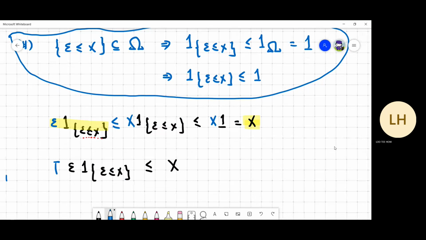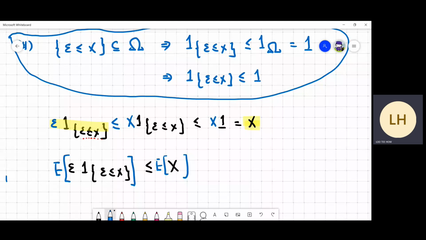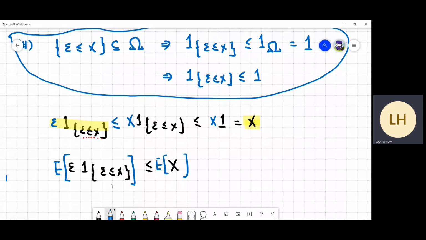Next, we take the expectation value of both sides. Since this is less than this, the expectation value of the first term must be less or equal to the expectation value of the second term.